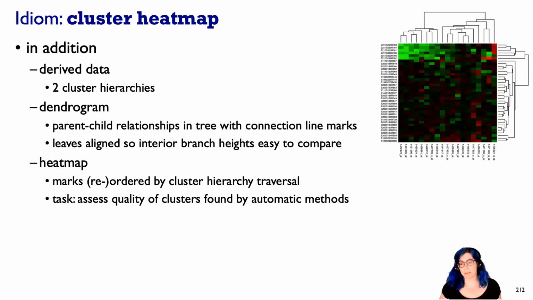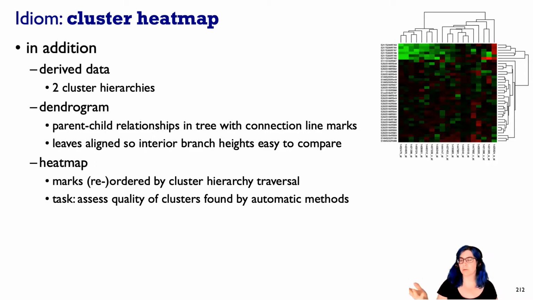Finally, what's very common is that if you do this kind of reordering, people often pair this matrix view of the heat map with an explicit depiction of how this ordering occurred. So what's called a cluster heat map is where, in addition to that base data, you actually generate these hierarchical clusterings of the data, which also shows how the reordering occurred.